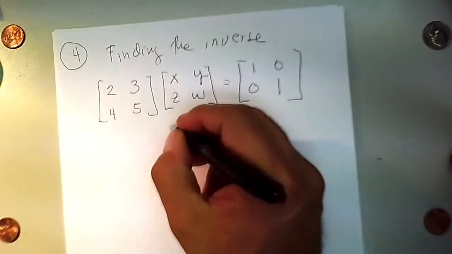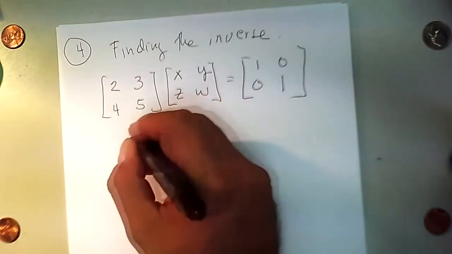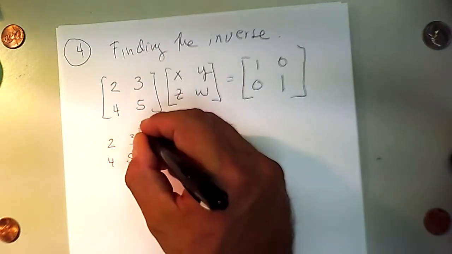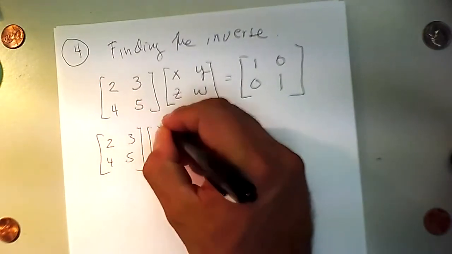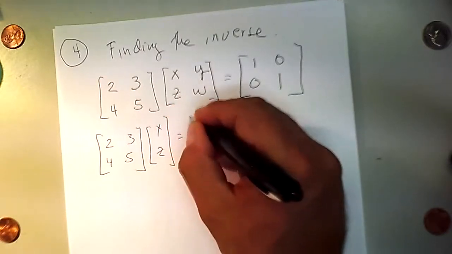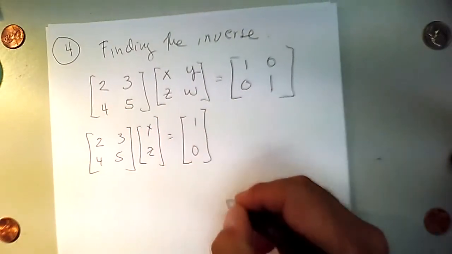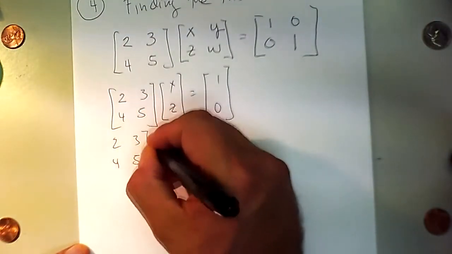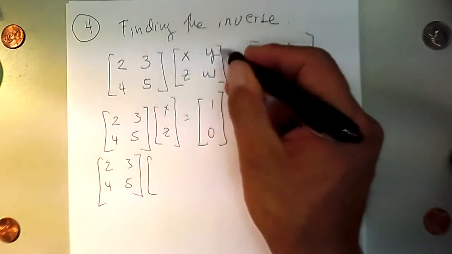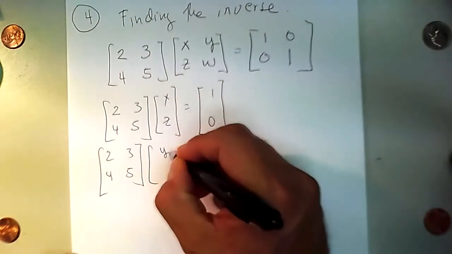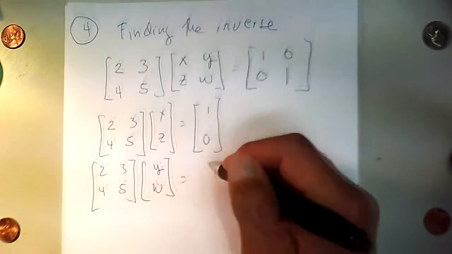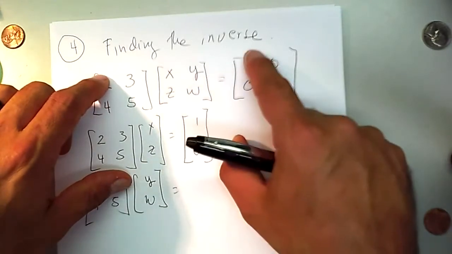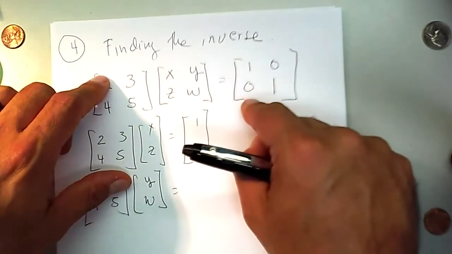We can break this system of equations up into 2, 3, 4, 5 times x, z equals 1, 0, and 2, 3, 4, 5 times y, w equals the second column, because when we multiply with the first column of this matrix, we're going to end up with the first column of the answer of the product.